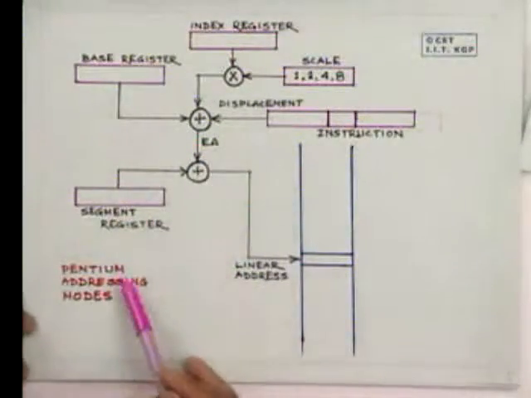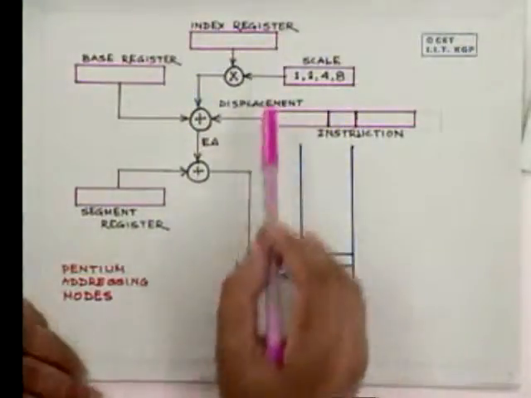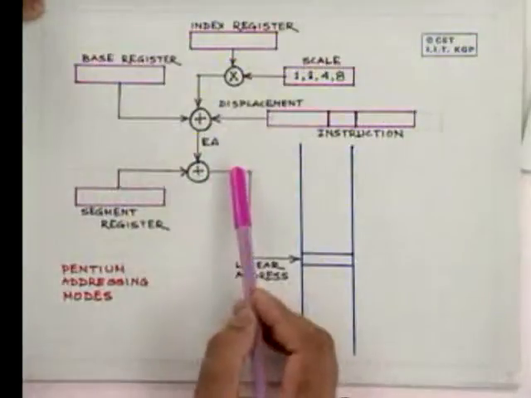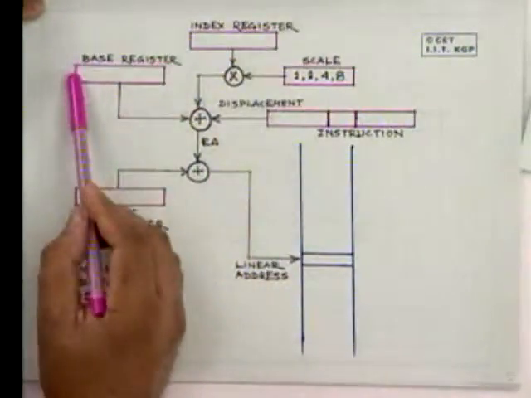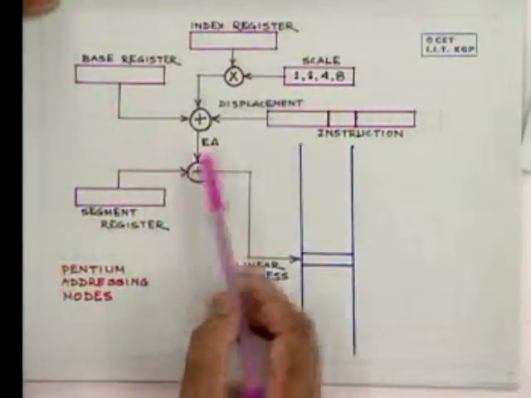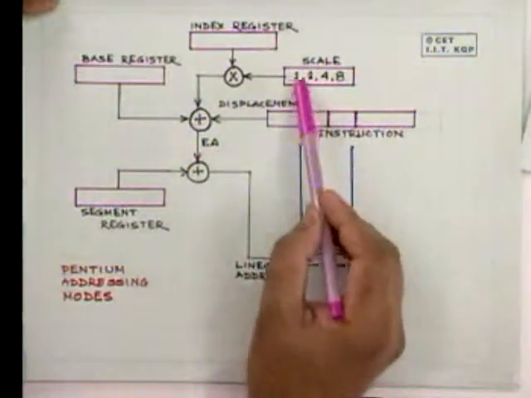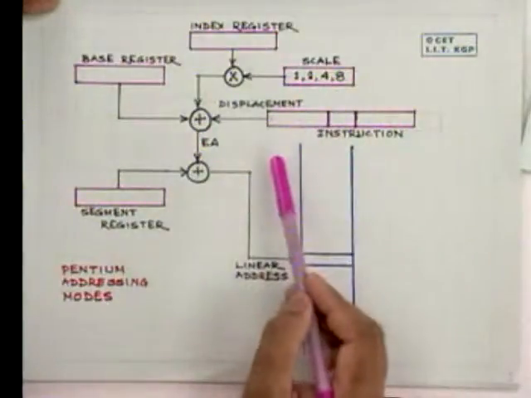Let us see what addressing modes the Pentium machines have. Now, this is the Pentium addressing mode. Here you see that it has an index register. Here there is a base register, there is a scale, which can give either 1, 2, 4 or 8.